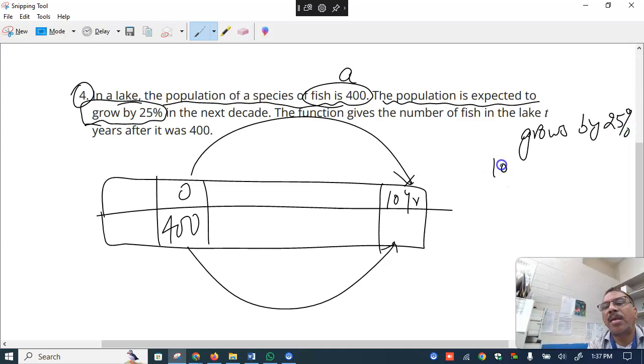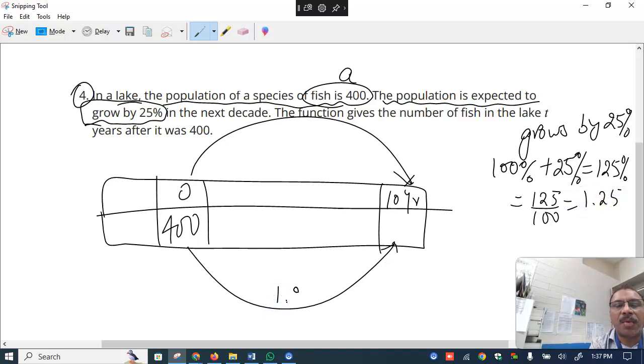It means you had in the beginning 100% plus 25% together, which is 125%. And 125% means 125 divided by 100, which in decimal is 1.25.